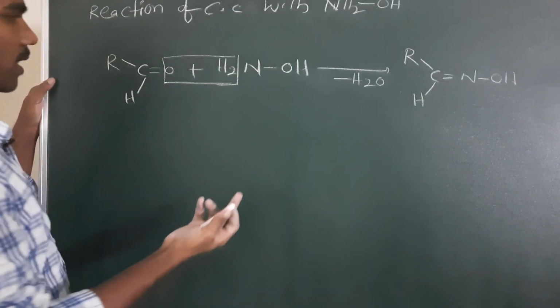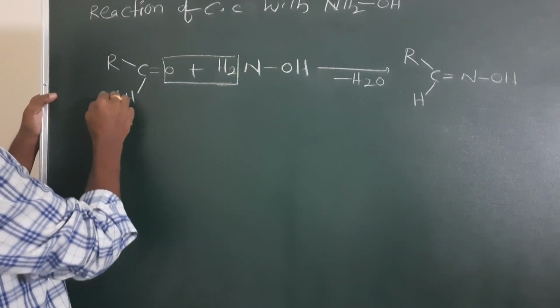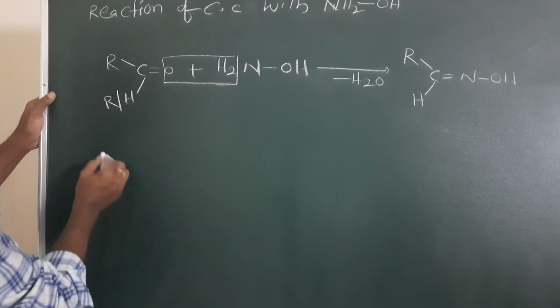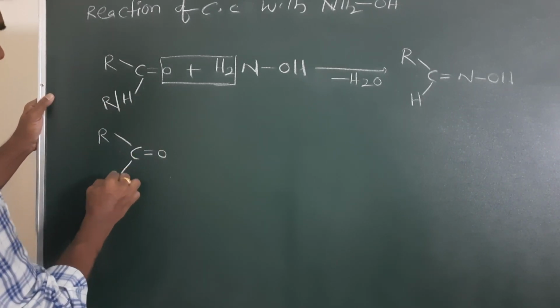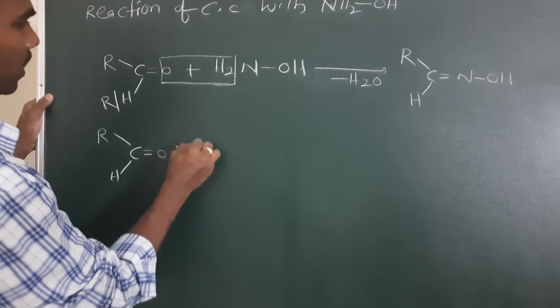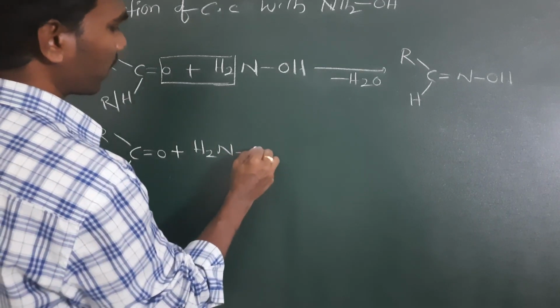If you want to take the same reaction with a ketone, you can take R; ketone and aldehyde will give the same. For example, RC double bond OH plus H2N, where instead of one hydrogen I am now taking NH2.